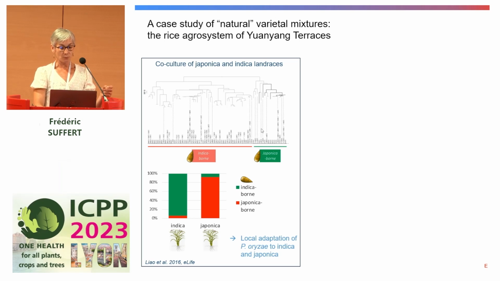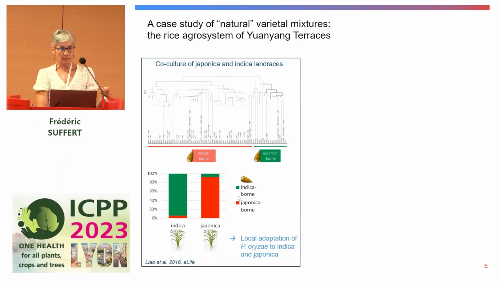For that, we sampled 200 isolates and genotyped them with microsatellites. We clearly showed that the population was divided into two genetic clusters, one containing almost all isolates coming from japonica, and the other containing isolates coming from indica rices.